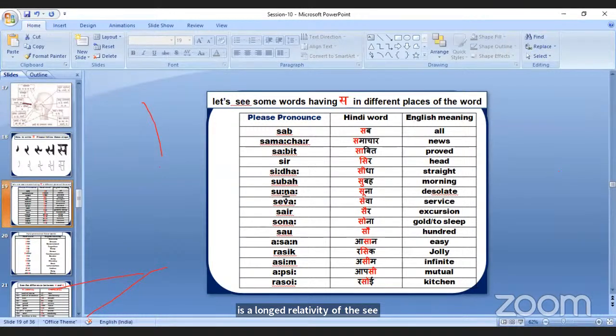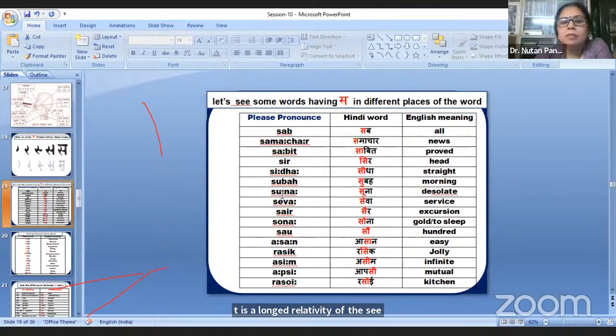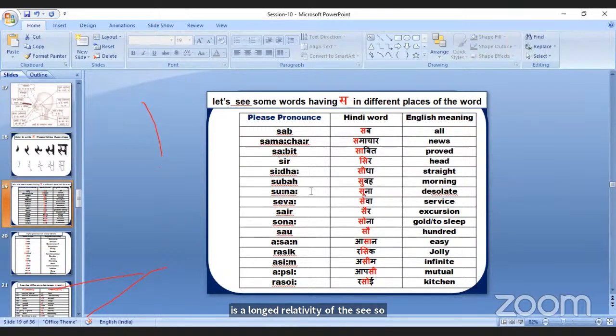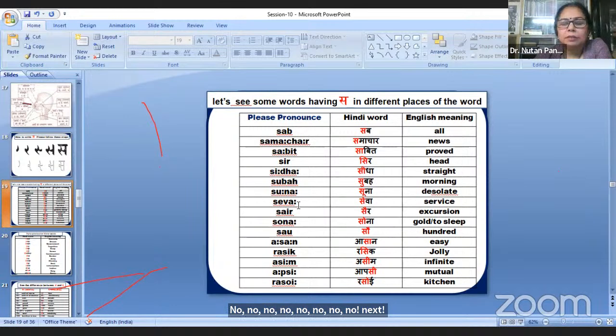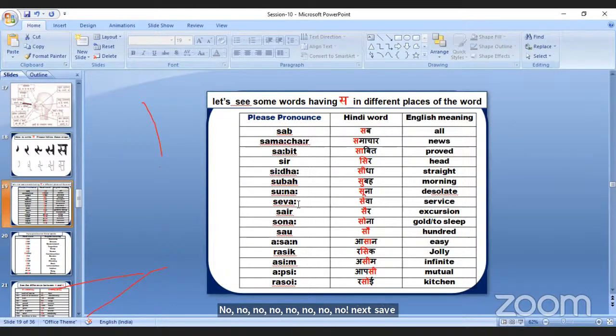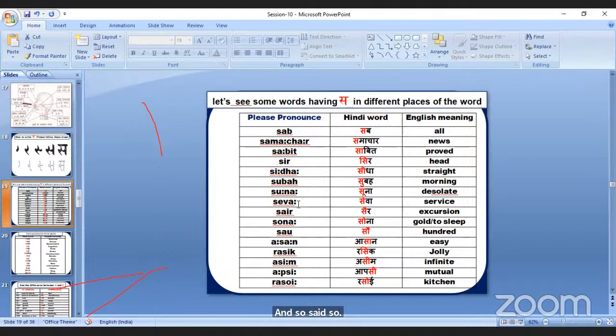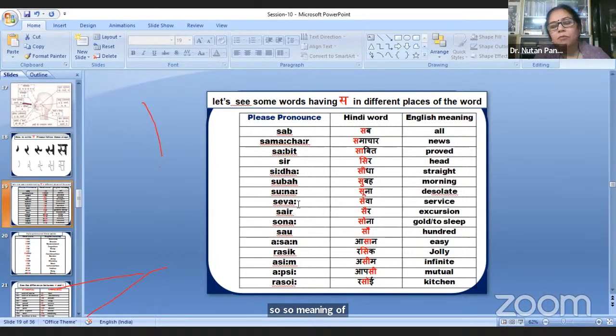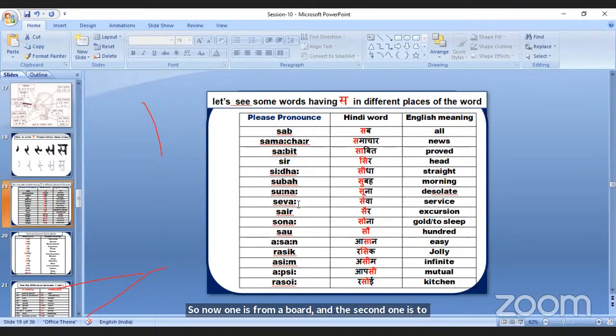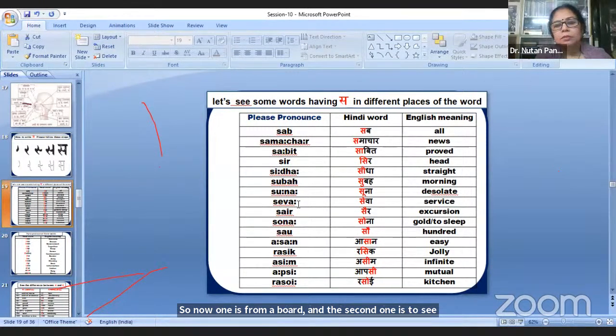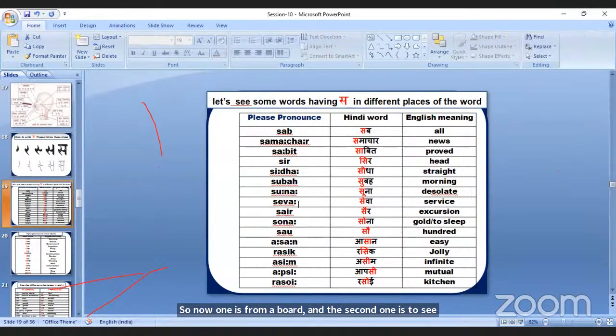Suna, there are 2 long signs. Suna means desolate. Next, Seva. Ser. Sona. There are 2 meanings of Sona. One is gold and the second one is to sleep.